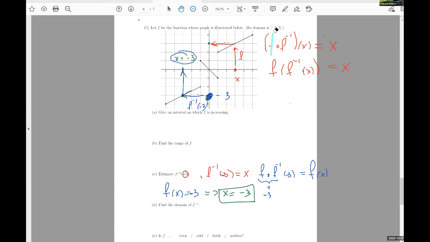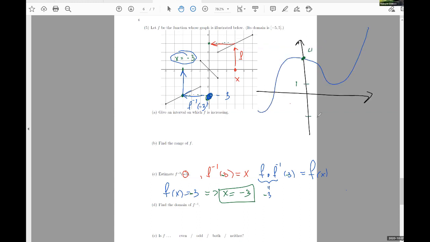Okay, so on this note, let me give you some functions to practice. Right now for this problem, I want you to find approximately the following values.